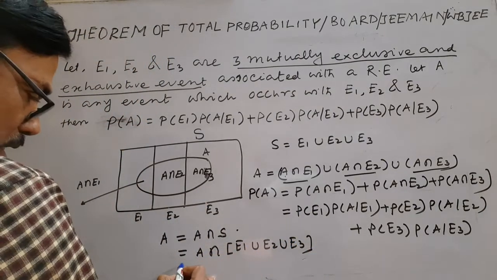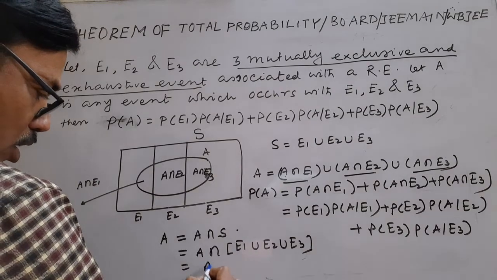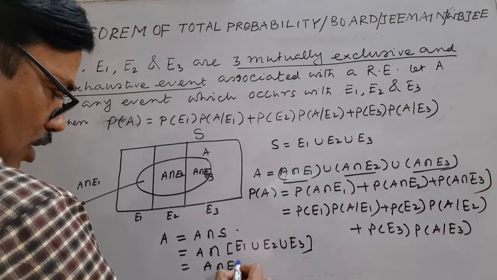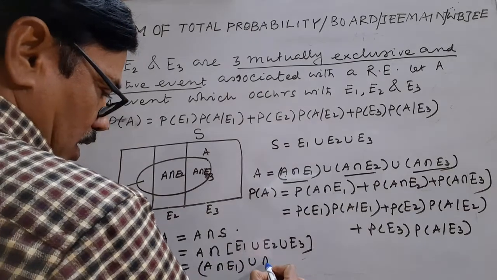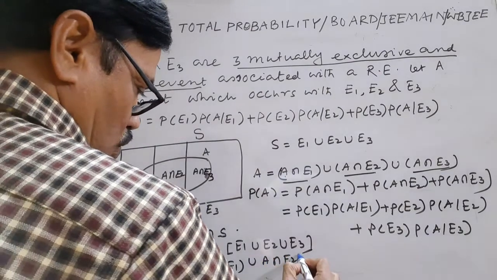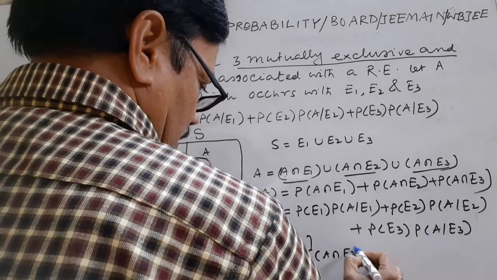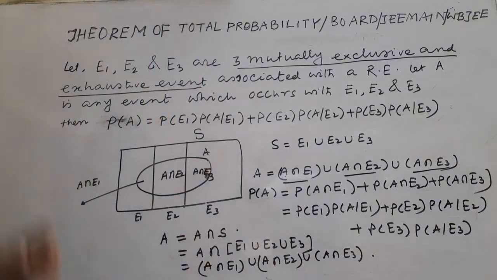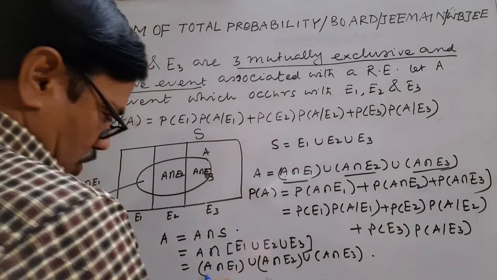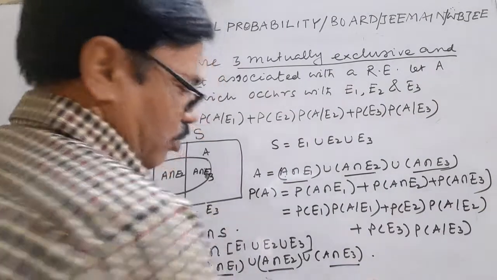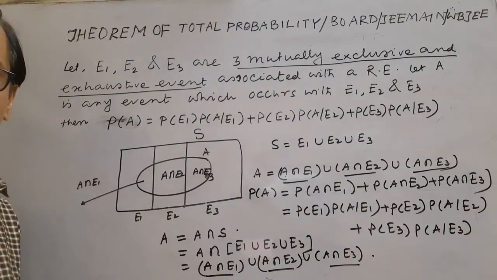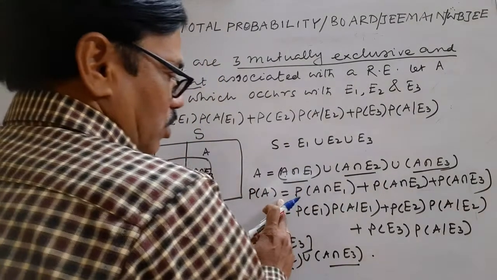So using the distributive law, this is A intersection E1 union A intersection E2 union A intersection E3. So this is from the figure, or here using the distributive law. Then same, these are exclusive. So P(A) equals this.